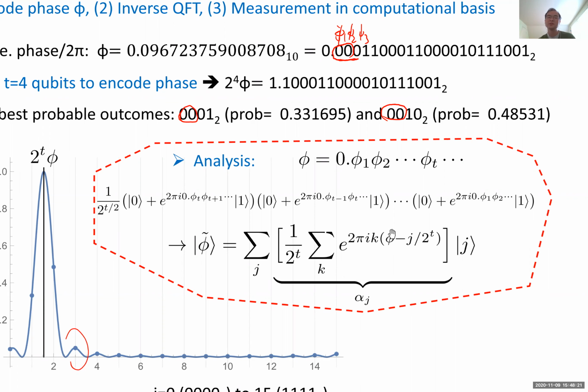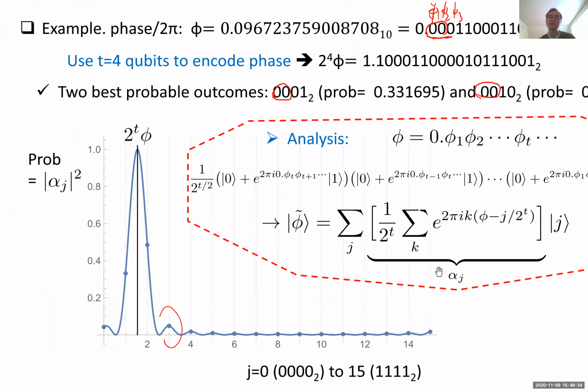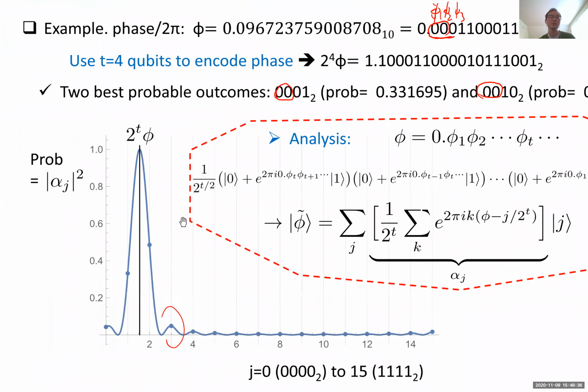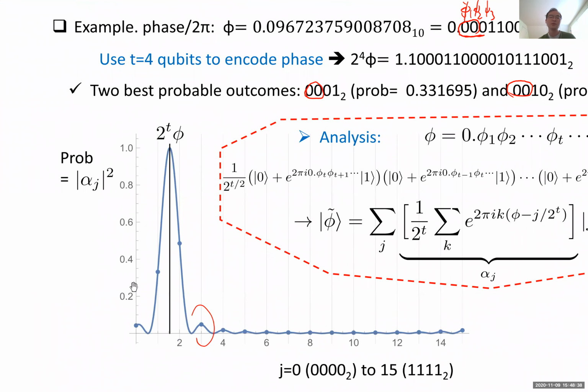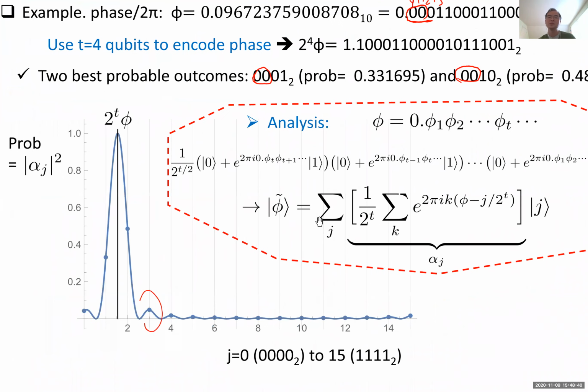This minus sign comes from really doing the inverse transform, and you get this state. And you ask what is the probability of getting an encoding J. So that's what I'm plotting here. I'm plotting the coefficient absolute value squared as a function of this J here. Okay.